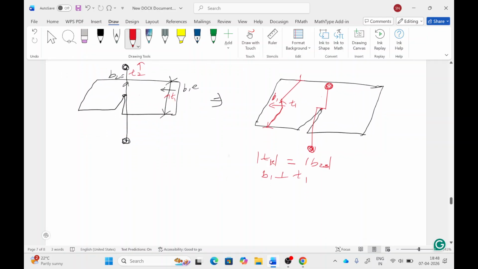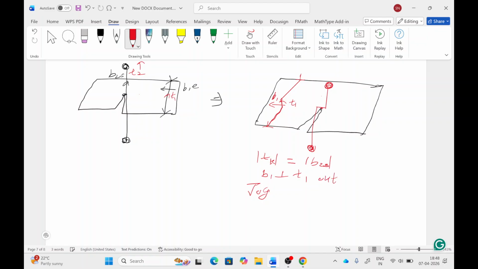So the extra line created is out of plane for the edge dislocation. So it will be a jog, and B1 and T1 are perpendicular, so it will be of edge character.